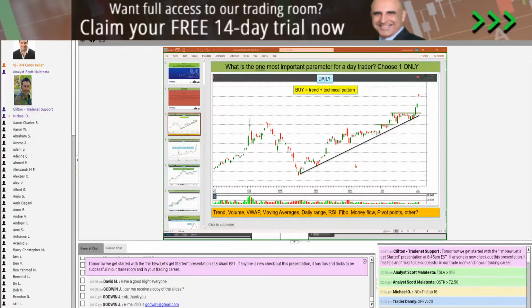This is an example where you see the chart here in the room, and it's a daily chart, of course. You can see that it shows a clear uptrend, and some entry points.